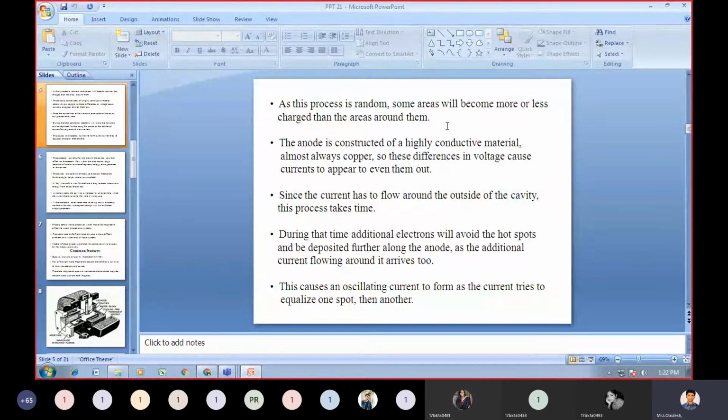During that time, additional electrons will avoid the hot spots and be deposited further along the anode, as the additional current flowing around it arrives too.